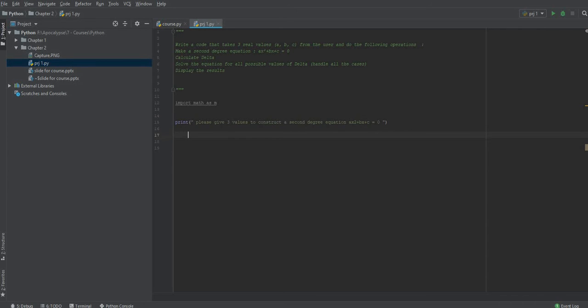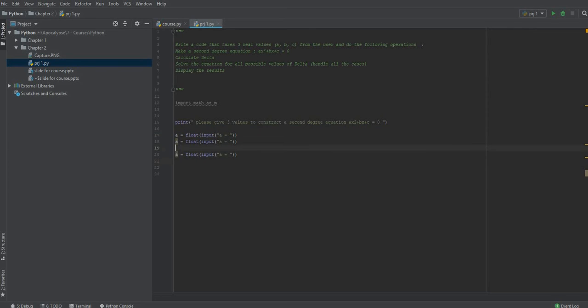Now we have to make the first variable that will contain the value given by the user, a equals, and the same thing for the others.